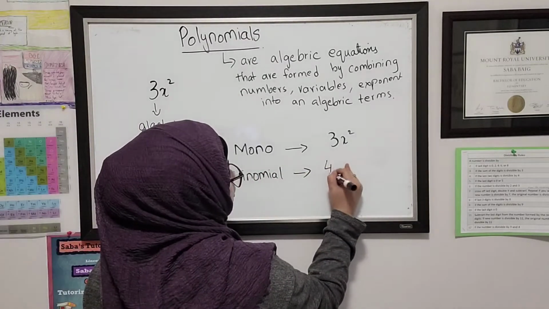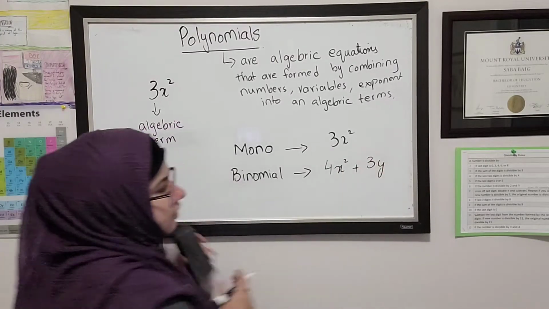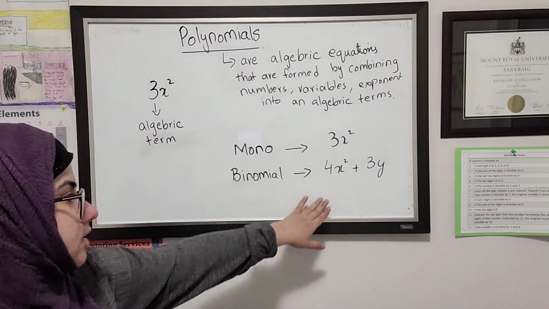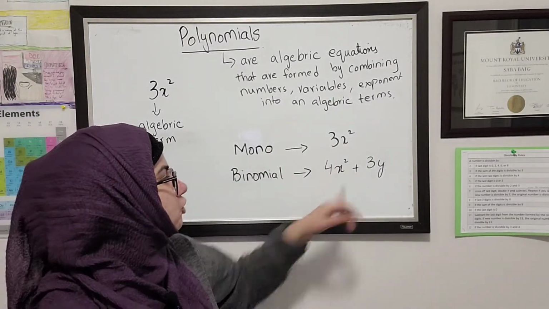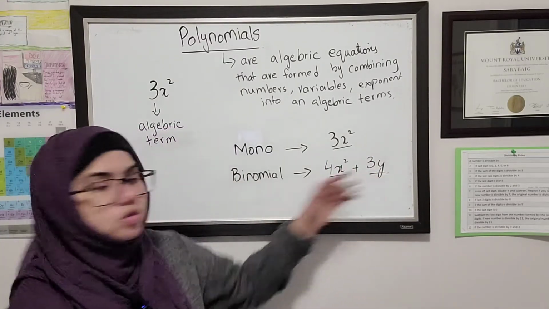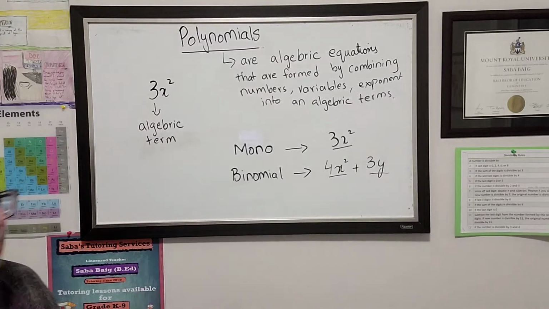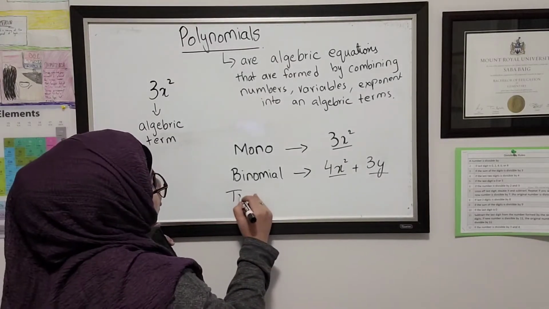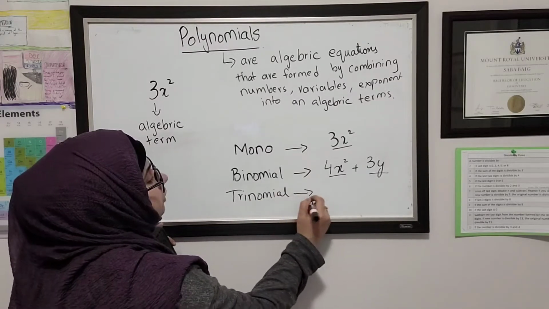You can have any two terms, like x squared plus 3y, whatever the variable is, it doesn't matter if it has a different variable, any algebraic expression. If you have two terms, term 1, term 2, it's called a binomial. Similarly, if there are three terms, that's called a trinomial.